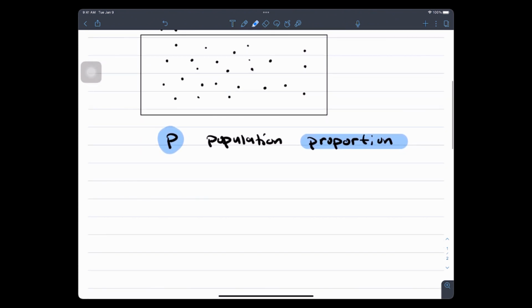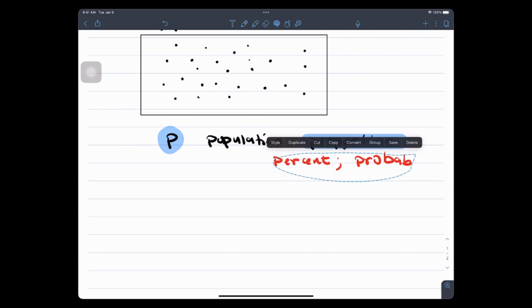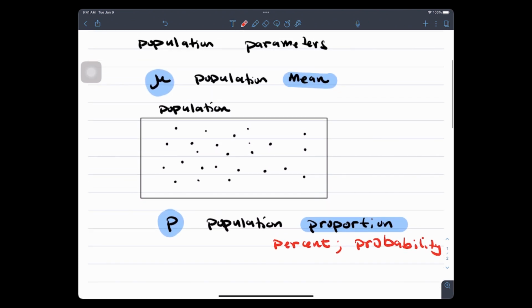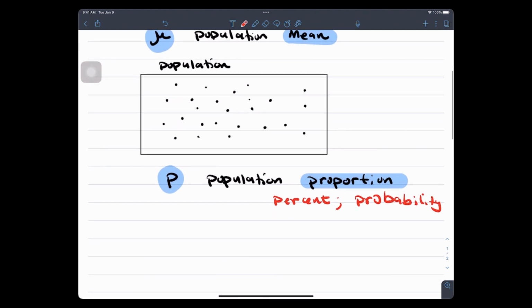Well, a proportion is like a percent, or even a probability, right? Because those are the same things. You just move the decimal. Remember, we've been doing that for a long time. So P stands for really a proportion. It's just a general phrase for percent or probability.